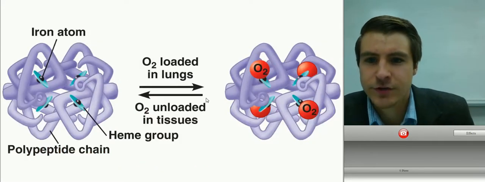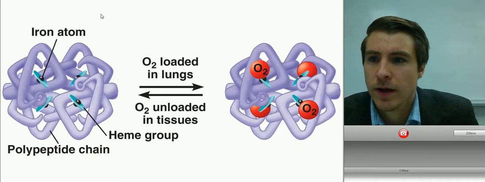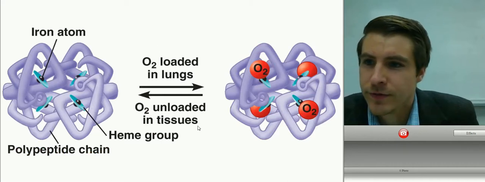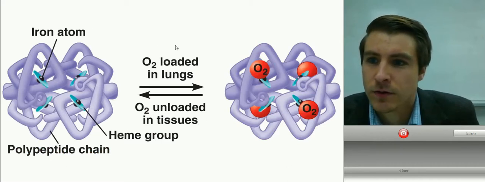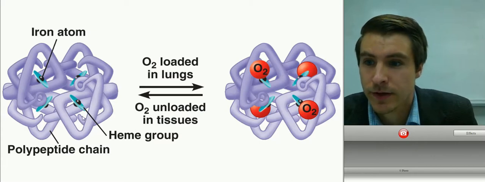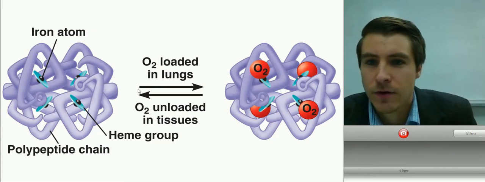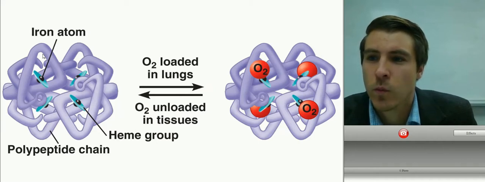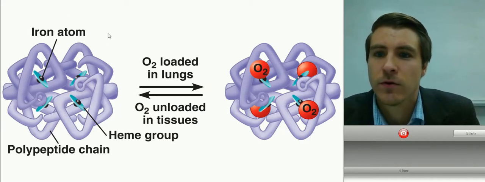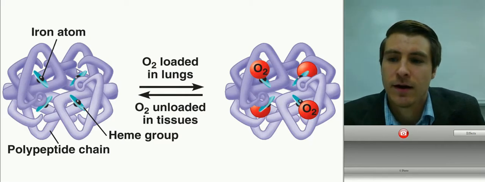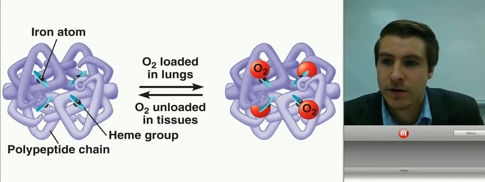So let's refresh you a little bit on, actually I have one more picture for you to demonstrate how hemoglobin works and what it looks like. This is hemoglobin, okay, it's this purple protein. And it can load and unload oxygen. If you ever wondered why iron is an important mineral in your diet, it's because iron is part of the hemoglobin protein, and it is actually closely associated with the pockets here that bind the oxygen molecules.